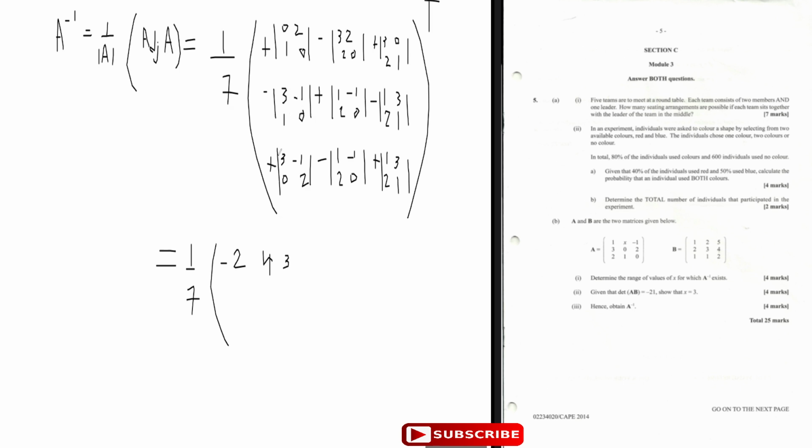Minus 1 is plus 1, but then the minus makes it be minus 1. We have 1 times 0 is 0. Minus 2 is positive 2. Then we have 1 times 1 is 1. Minus 3 times 2 is 6. 1 minus 6 is minus 5.